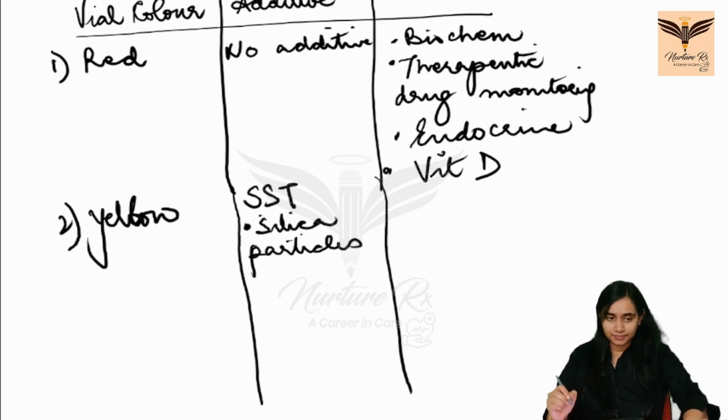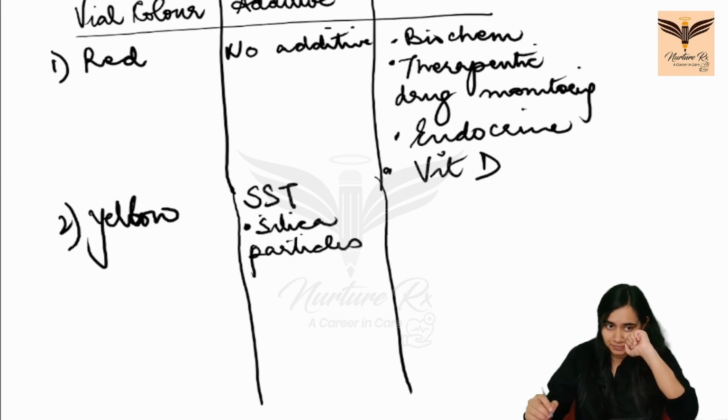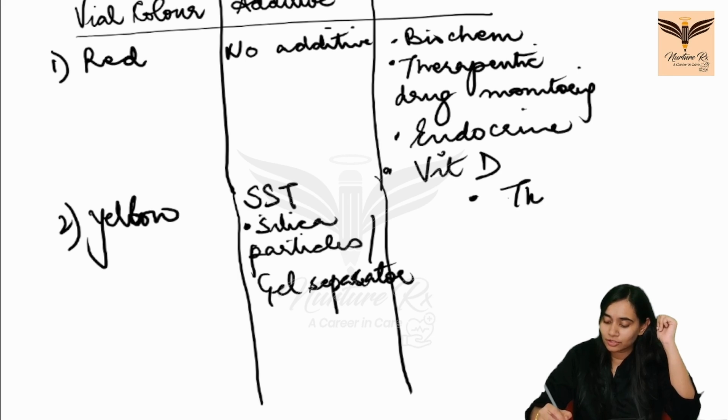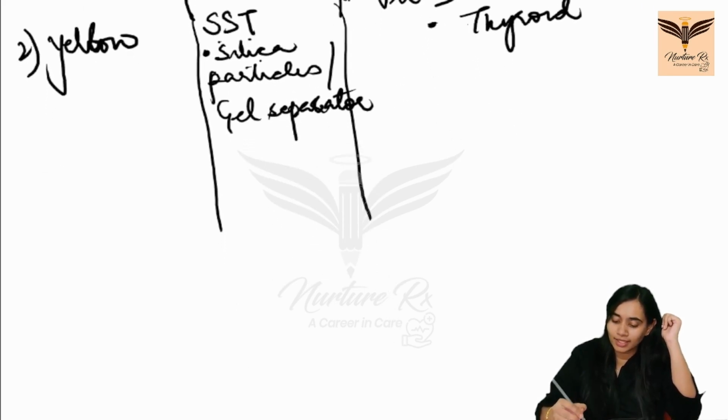Okay. Or gel separator. What are the tests done? First of all, thyroid. What are the other tests that are done?